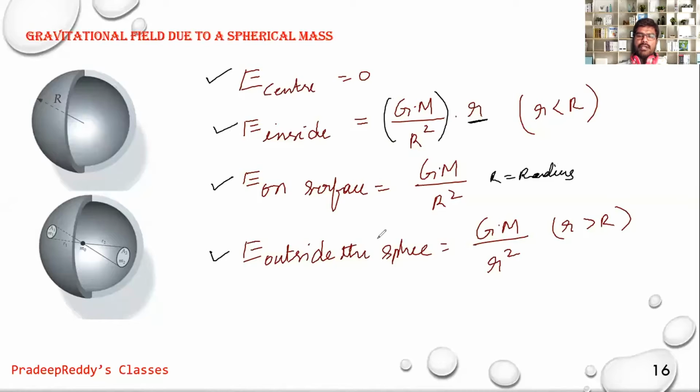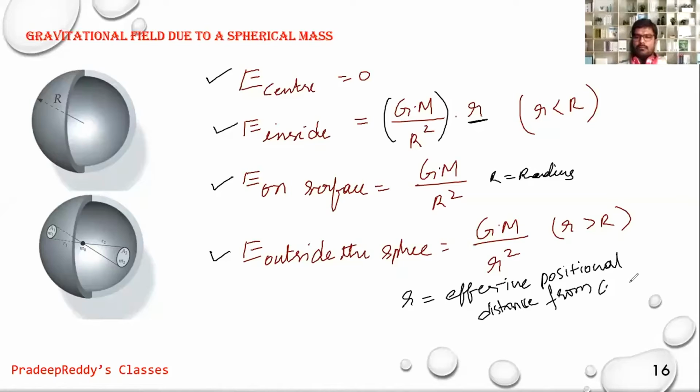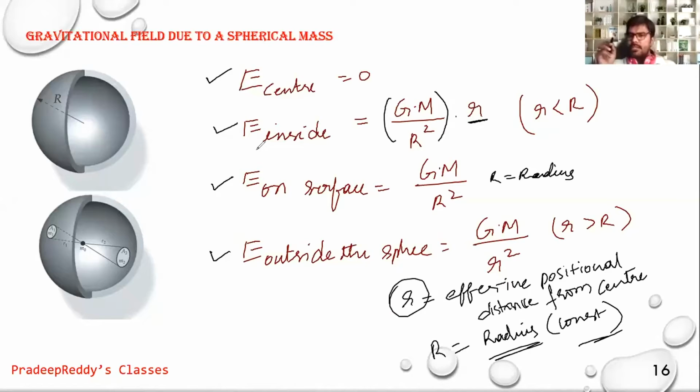And E outside the sphere is GM by r square, where r is the effective position, distance from center. Capital R is radius, and this radius value is constant, remember. But small r can change. It depends upon the position where you are calculating gravitational field.